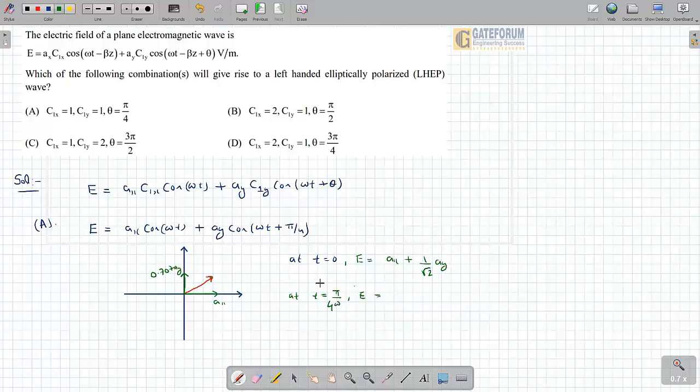So this will become Ax cos pi by 4, so Ax by root 2. And this will become cos of pi by 4 plus pi by 4, that is cos pi by 2, which is 0, so that is 0 times Ay. So the resultant has moved from here to here.